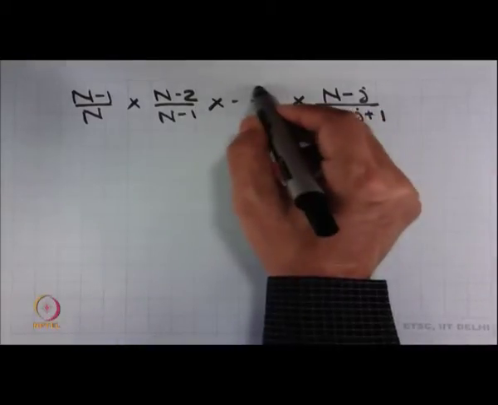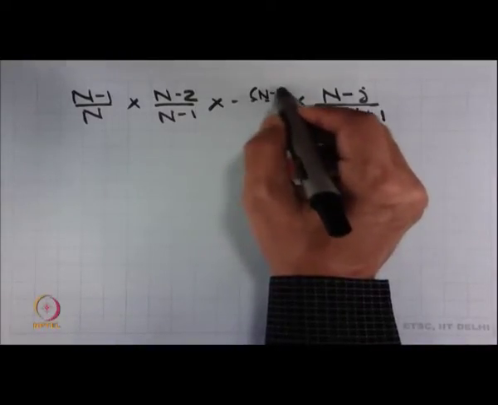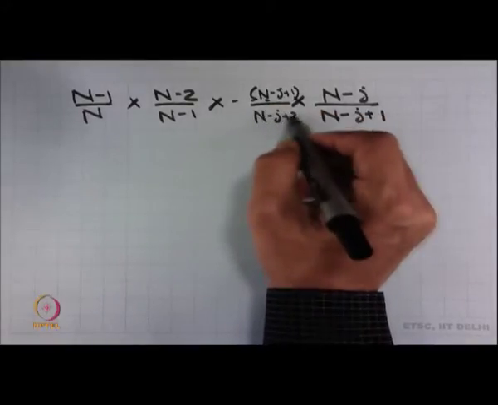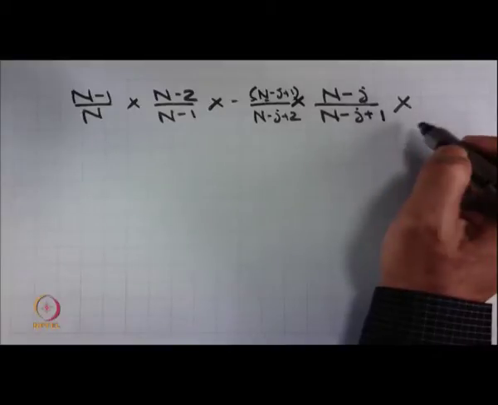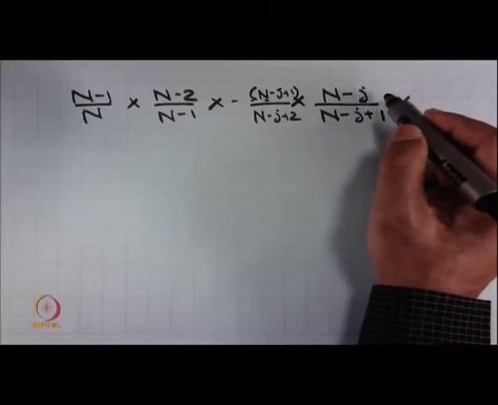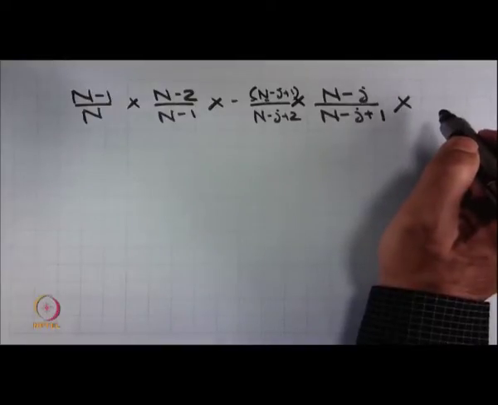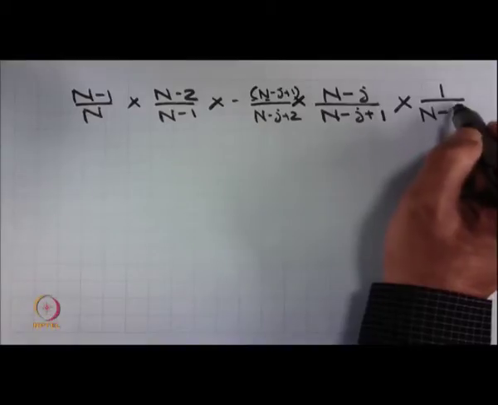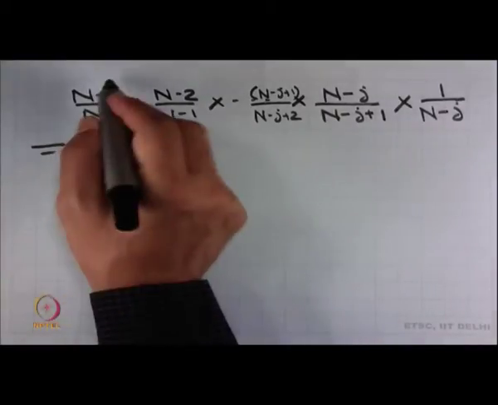Now, that out of that n minus j elements I am choosing x k, that probability is 1 upon n minus j. So, what we are getting?